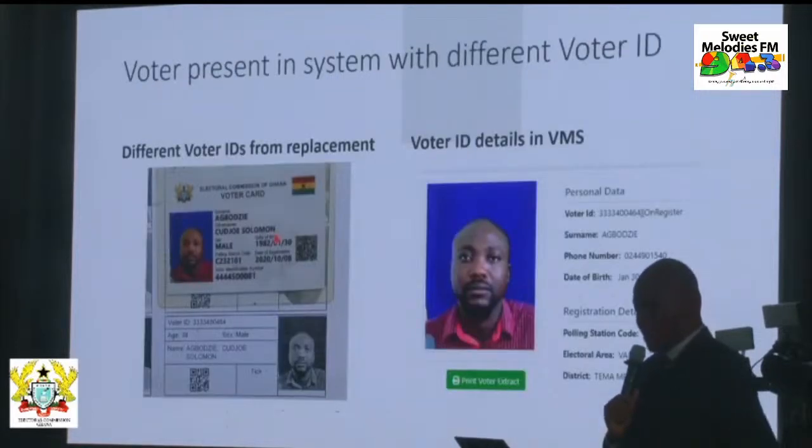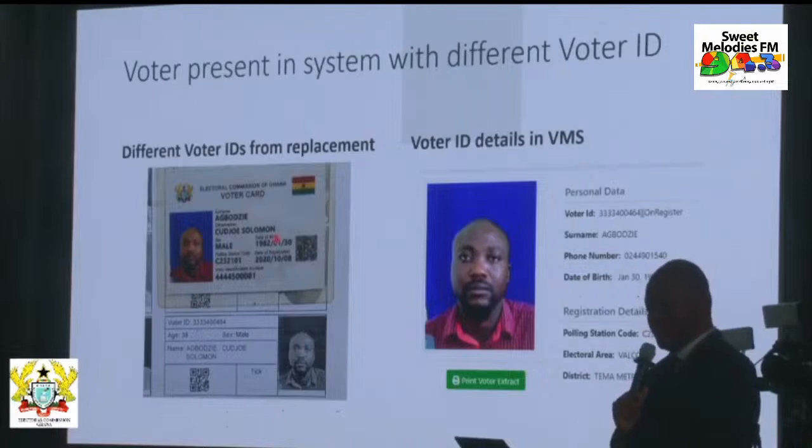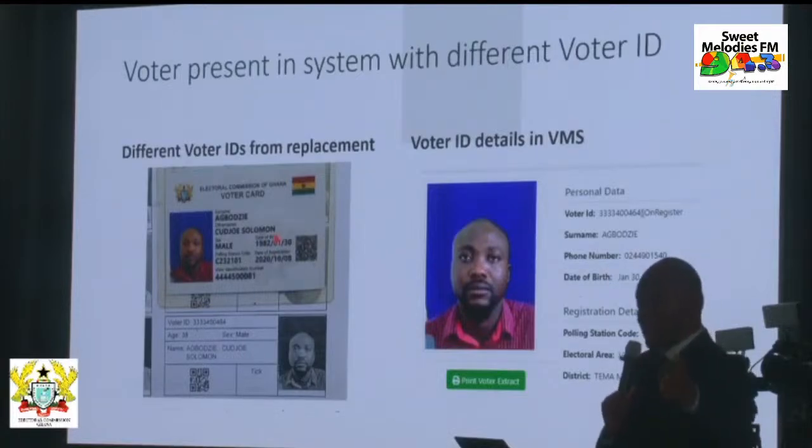The other things that we had were issues of people with different voter IDs. Now, as I've already said, sometimes you have people who register and they are missing, and then you go and register again.